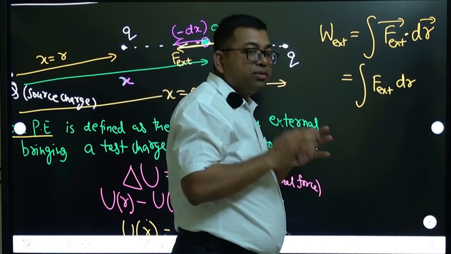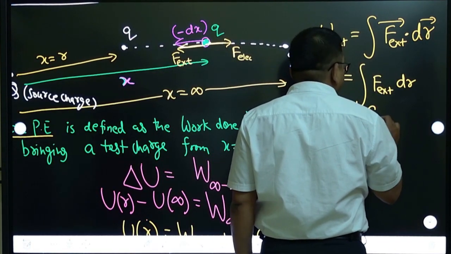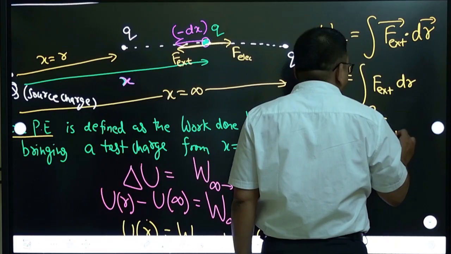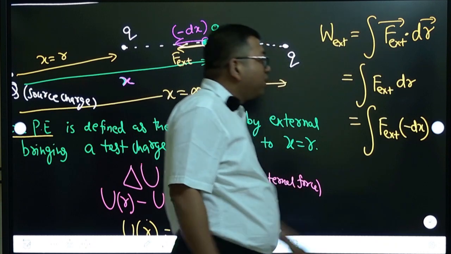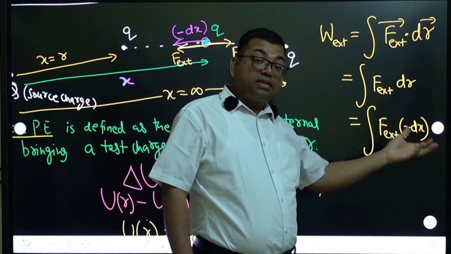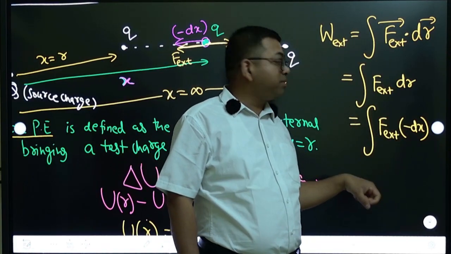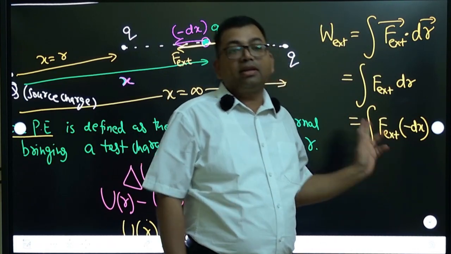Now this dr we have to write as minus dx. This is what is important, because x is decreasing, so dx is negative, so we have to put minus dx. Are you clear about this? Yes.